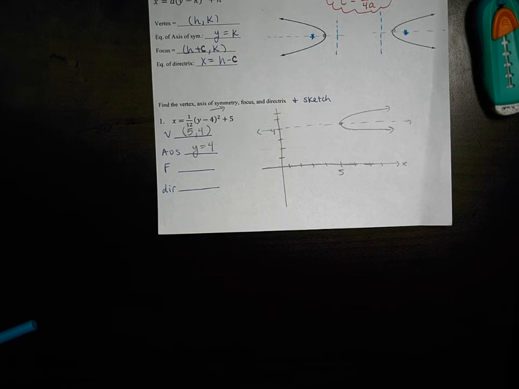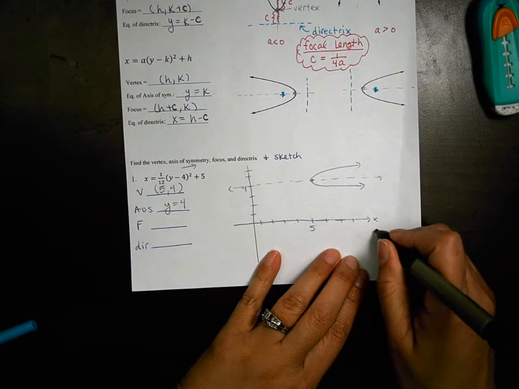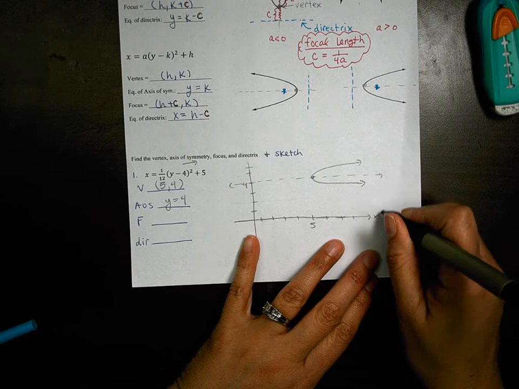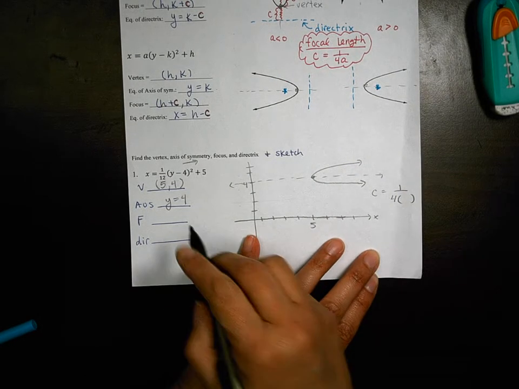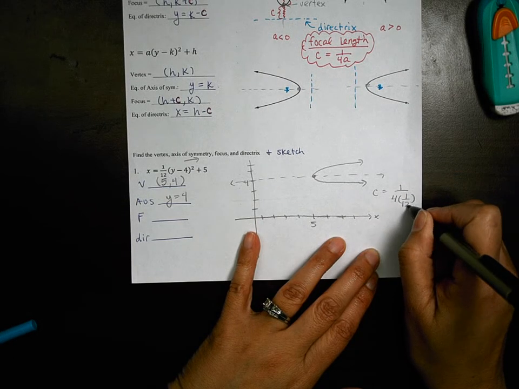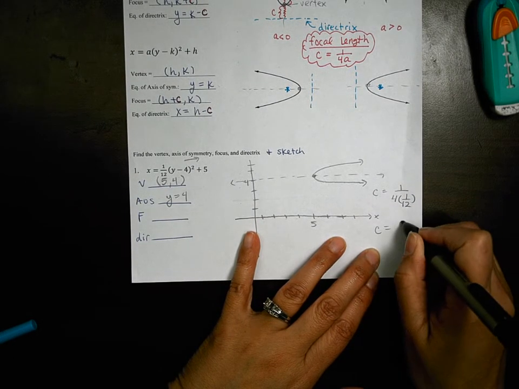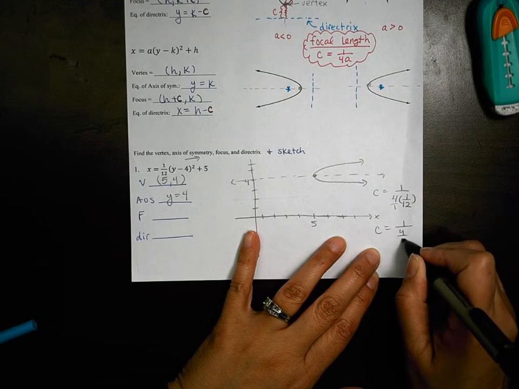Yes. Okay. I'm going to find my 1 over 4a. C equals 1 over 4a. A is 1 over 12. That's 4 over 12.